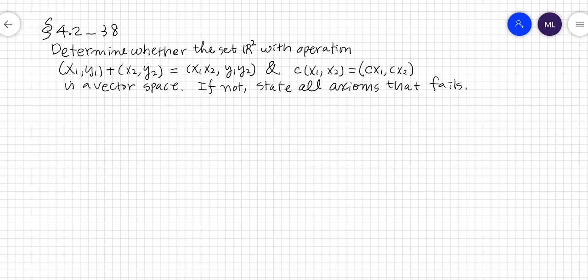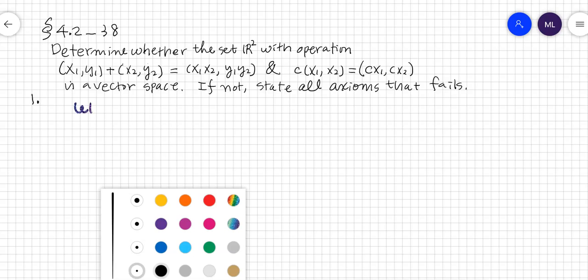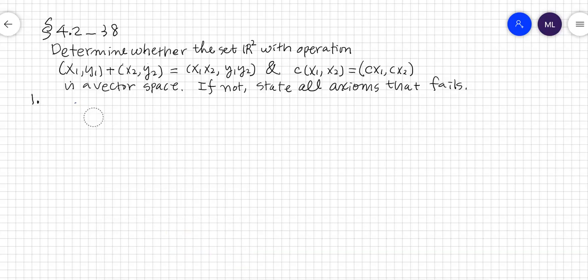So the first axiom is the closure property. I go through the axioms on page 161. So first, let's define these vectors.